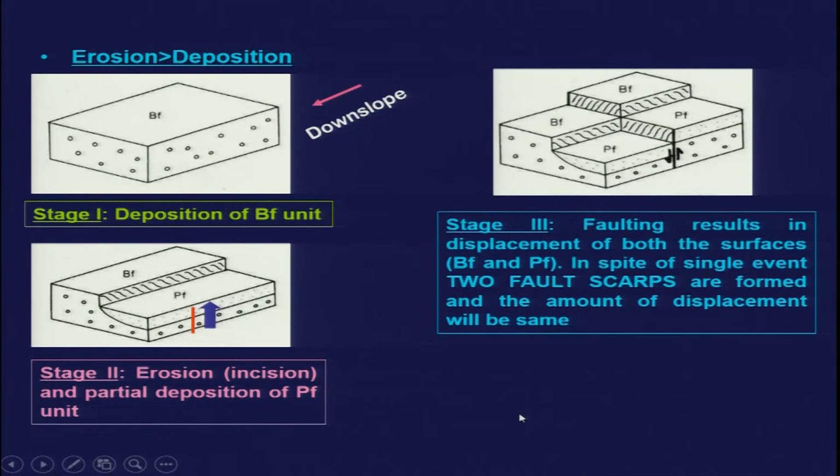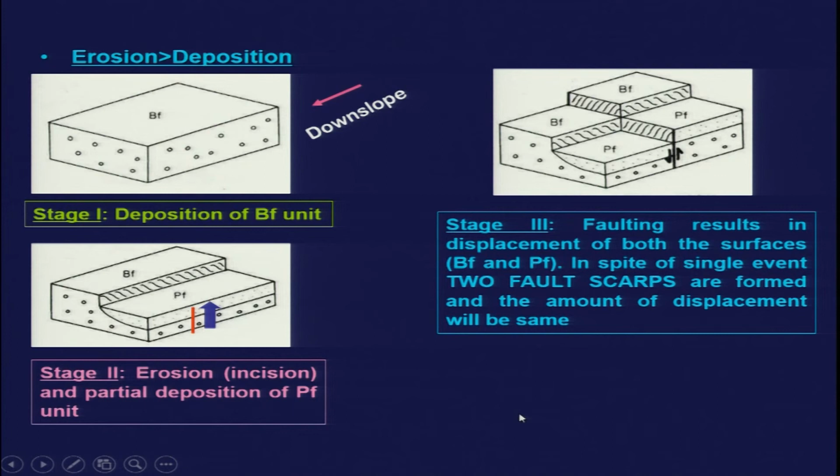If you have a fault here and allow this to get displaced during an earthquake, then this block has, for example, gone up. Stage 3, faulting, results in displacement of both the surfaces, that is your BF and PF.